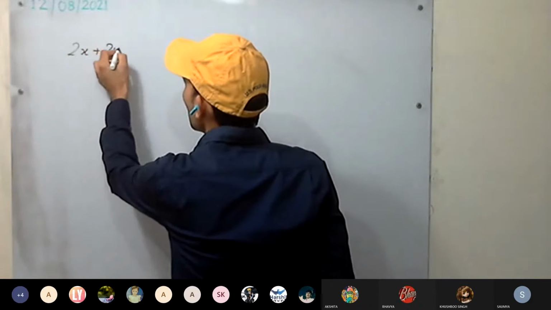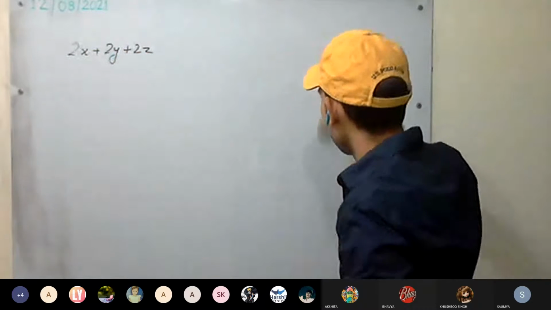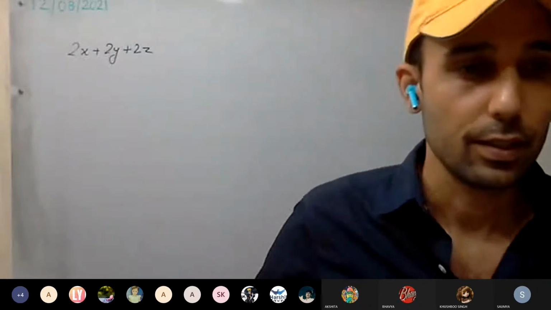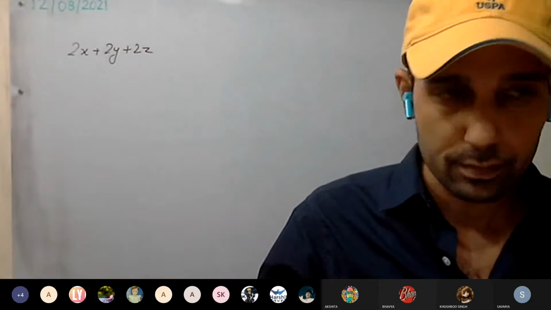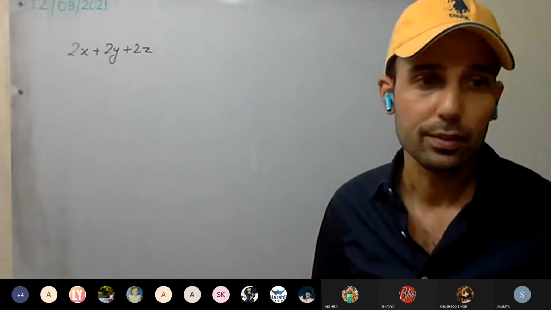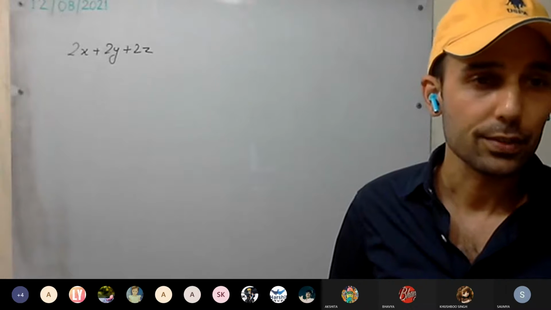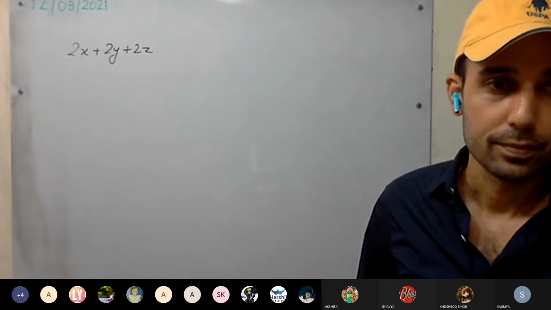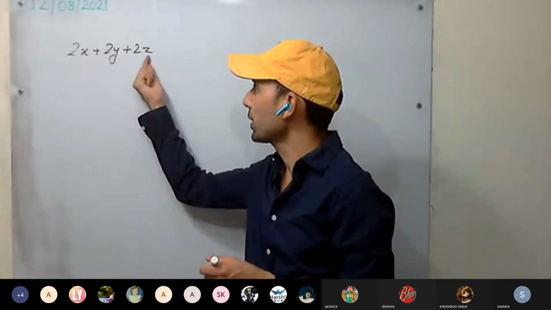Take the common out among the 3 terms. Khushbu, unmute yourself and tell the answer. Khushwant, what will be the answer? 2x plus 2y plus 2z.